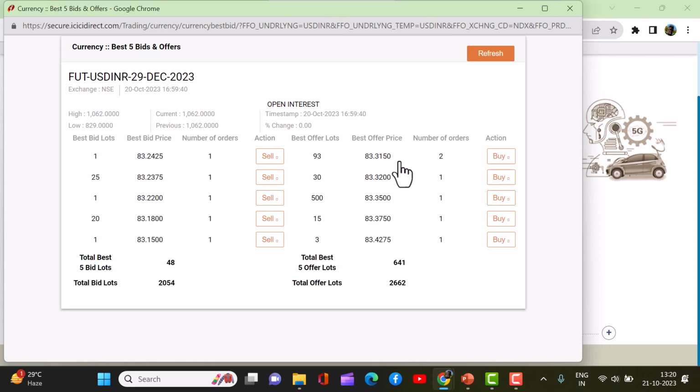Then it goes to 83.150. So all these contracts will be stacked in the order, where the first one is the price at which you are buying at the cheapest. So this will be at the top. These are the buy orders, these are sell orders which have been put simultaneously. Somebody has sold dollars at 83.3150. And then somebody is selling $500 at 83.3500. These are unmatched dollars.